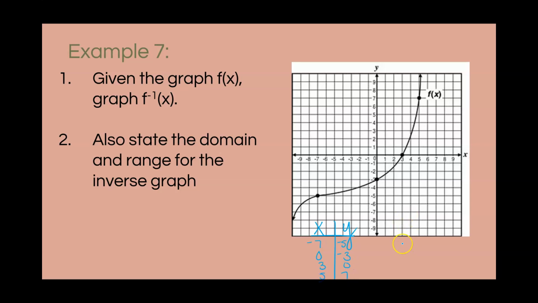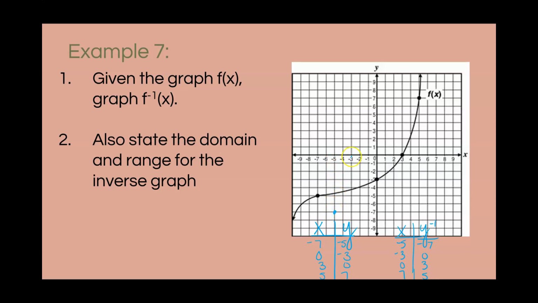So to find the inverse graph, you switch your x and y. We're going to call this just y inverse for right now. So switch your x and y points. All your y points come over here, and all your x points come over here. And then we're going to plot these points. -5, -7.